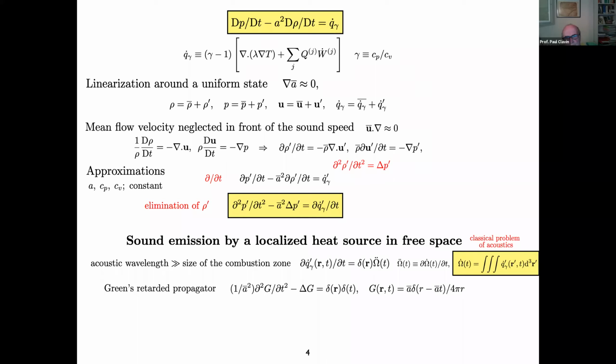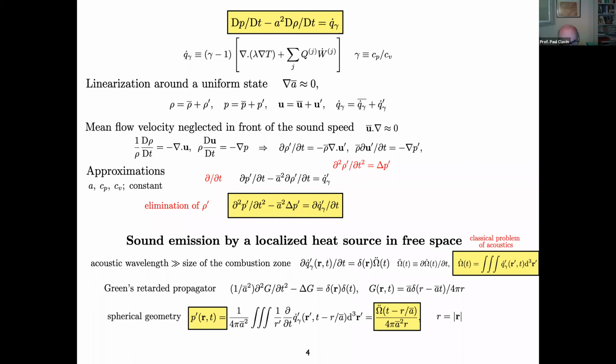So using the Green's function, maybe some of you know that very well, others do not, forget about it if you don't know. There is what is called the retarded Green's propagator, which is the solution of the same equation here, putting G instead of P, but now putting a delta function in space and time.